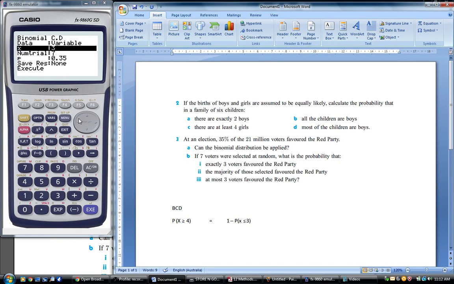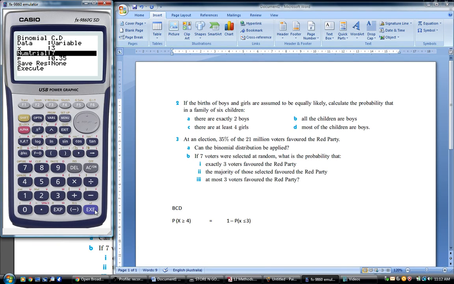So still, the number of trials is 7. The number of successes is 3. So we're saying here, we could have 0 successes, 1 success, 2 successes, or 3 successes. And the probability of a success, again, is 0.35.